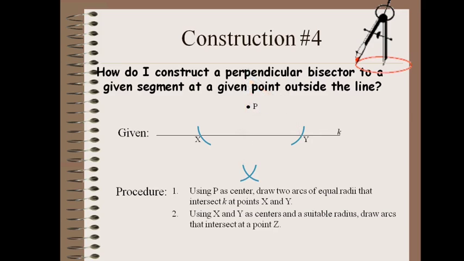This way, both the arcs made from X and Y will intersect at one common point below the segment K which can be named as Z.